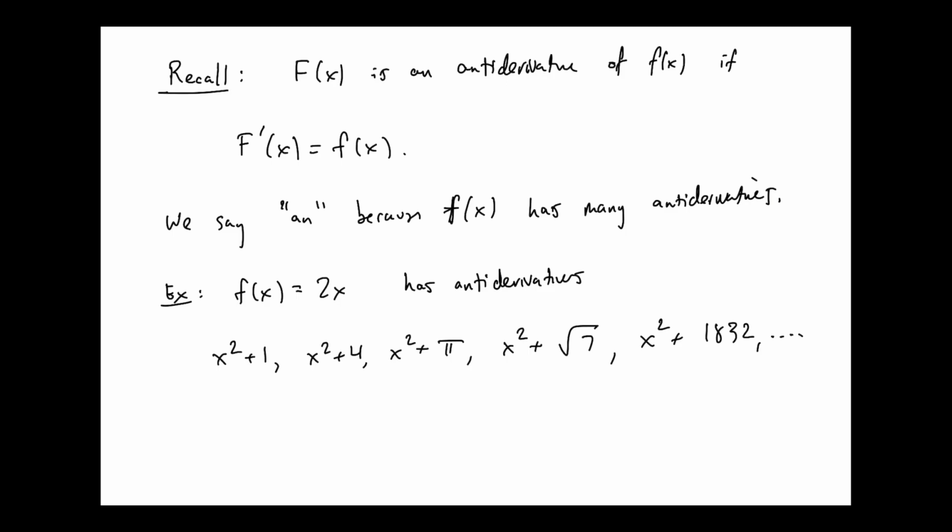However, in what sense are x squared plus 1, x squared plus 4, x squared plus pi, all of those guys, different but also kind of the same? What's the only thing that makes them different? Yeah, the constant part. What's the same about them is the x squared bit.